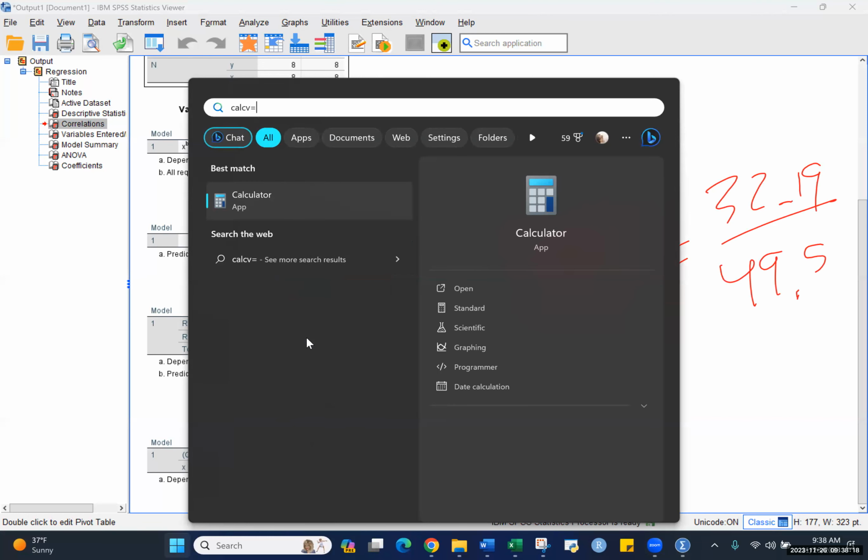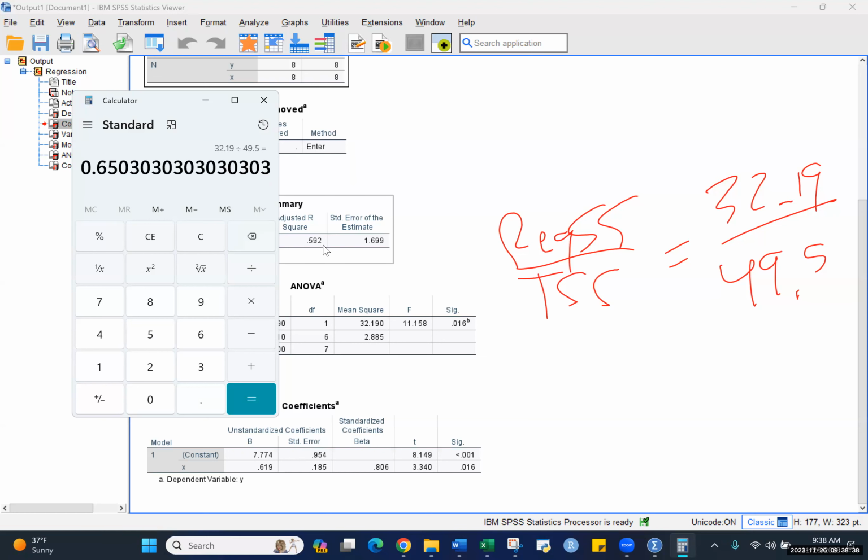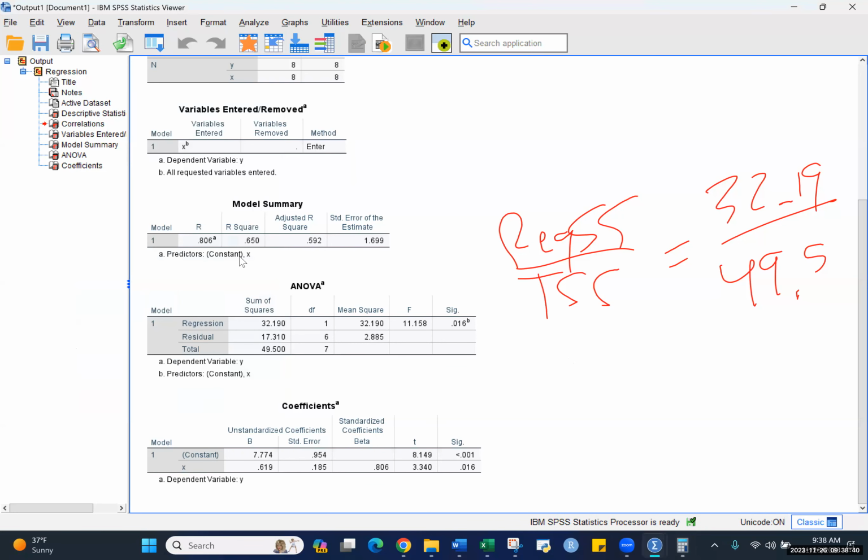If I use a calculator, 32.19 divided by 49.5, I get 65%.